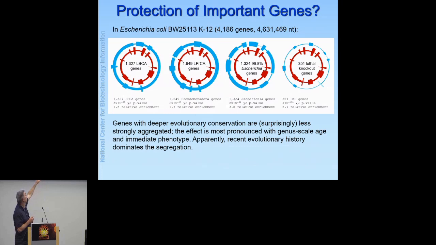They all form segments, and you can see by chi-square p-values that the segmentation is stronger from left to right. So the more immediate measure of the gene importance, like last bacterial common ancestor is whatever was conserved in 4 billion years, maybe 3 billion years, and here we are talking about what is lethal in this particular strain of E. coli. So you have stronger signal.